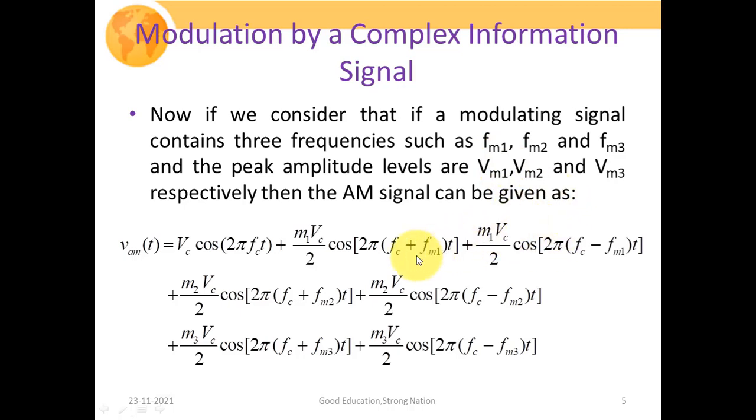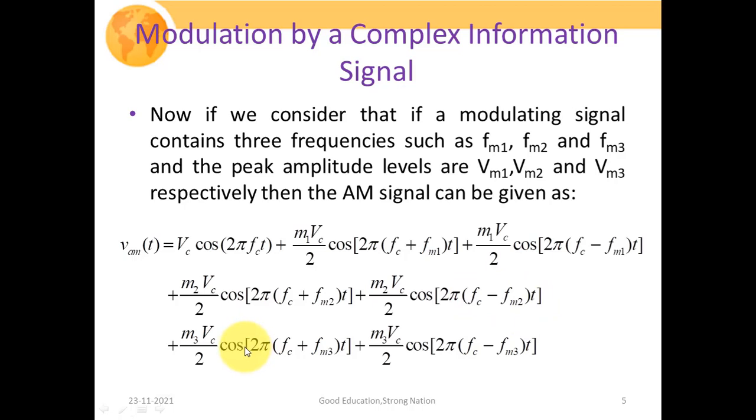Similarly, we're going to have two other sets of sidebands, associated with fm2 and fm3, given as m2 Vc by 2 cos 2π(fc + fm2)t plus m2 Vc upon 2 cos 2π(fc − fm2)t.